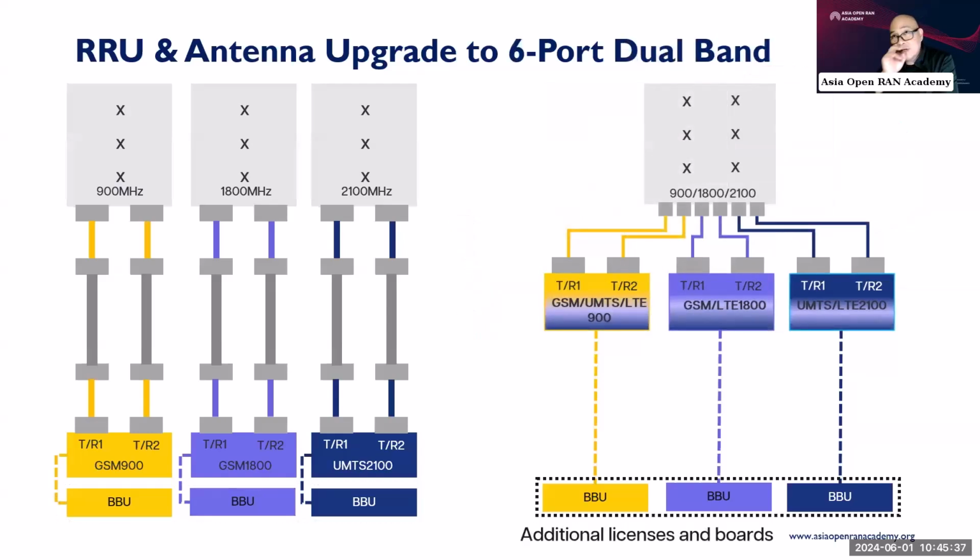And then makikita nyo nga yung mga bago implementations, as mentioned nung kanina, meron siyang 12-port antenna. So this is a typical example of a multi-port antenna. So dito is nasa ano lang siya, 6-port. Mababa lang. Pero 12-port is something like this. Meron lang siyang 12 physical ports. So pinagsasama-sama natin yung mga technology into one antenna. So this is to save space and in terms of operations, mabilis.